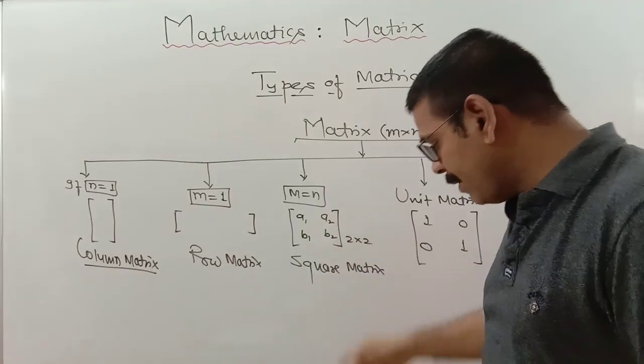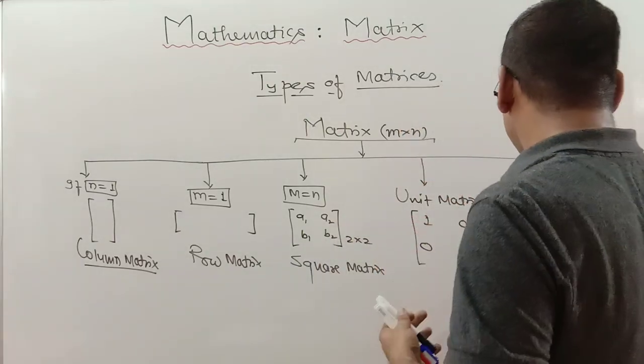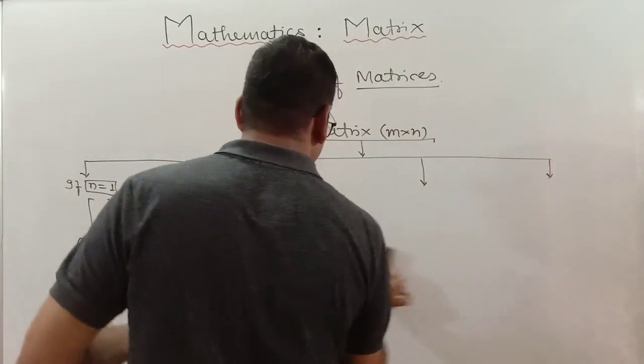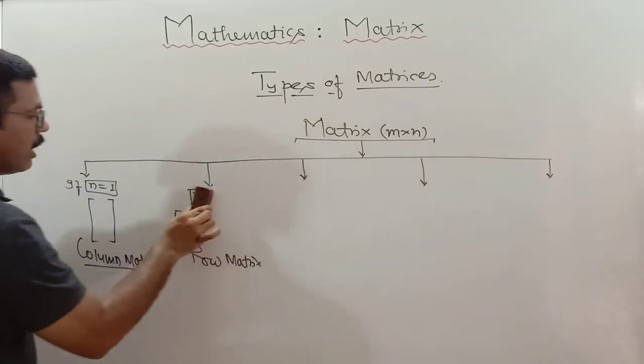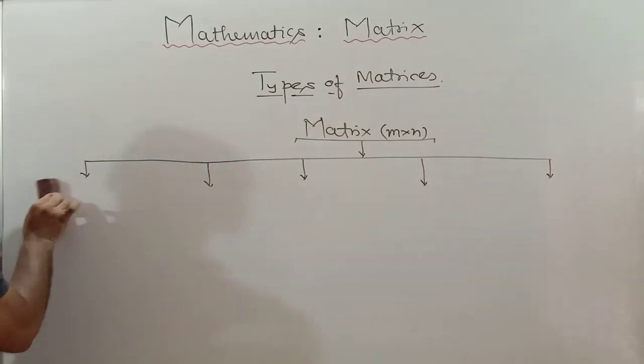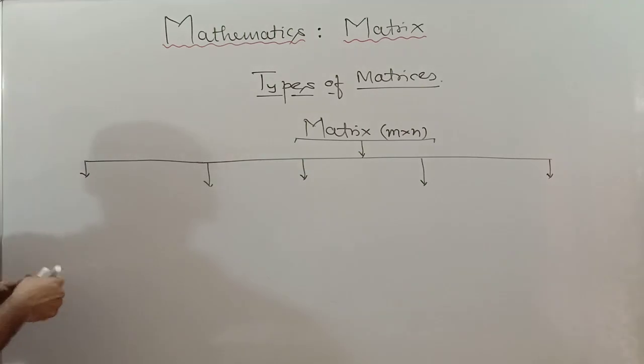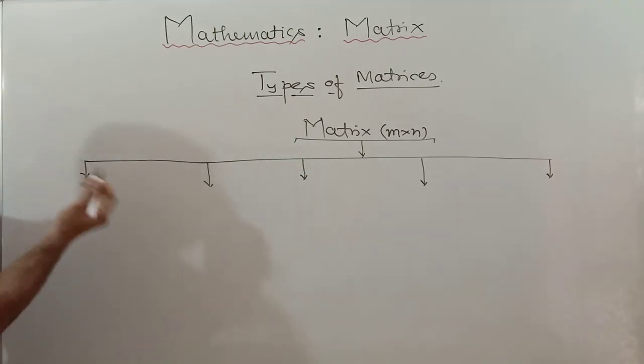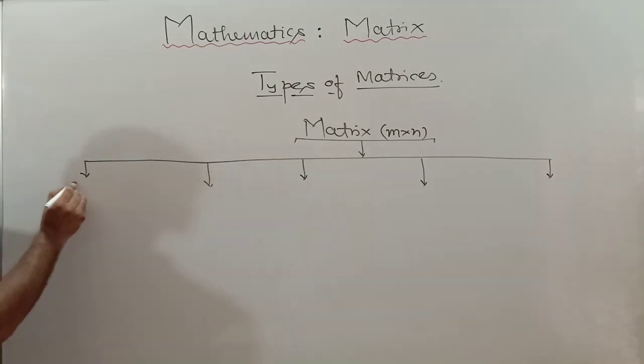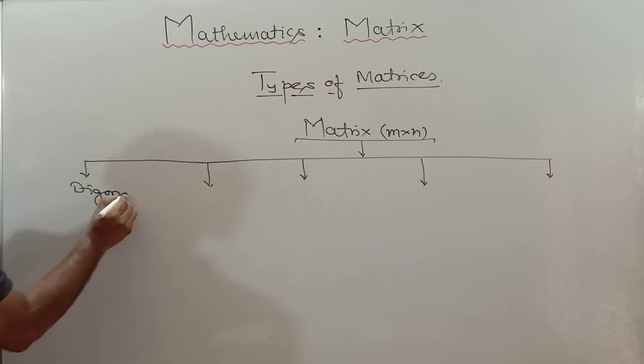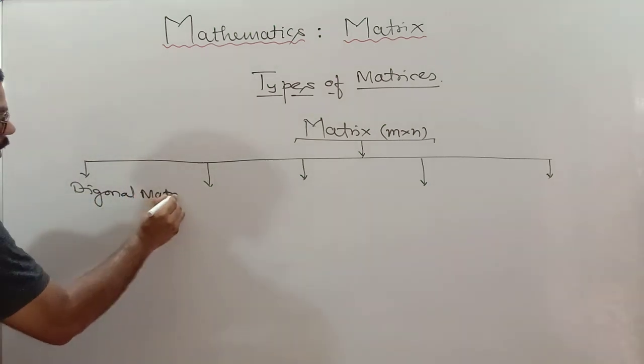Okay, now I will tell you some more types. These are the 4 types. You have definitely written all the types. Suppose a matrix has only diagonal elements, so it is called a diagonal matrix. It means that the unit matrix is a kind of diagonal matrix.